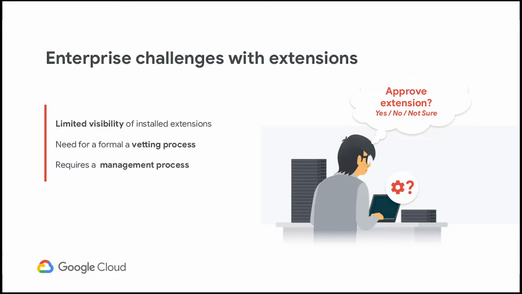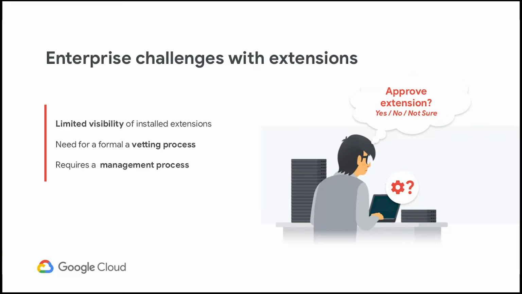So some challenges that exist with managing extensions. There are three things that really make it a painful process. First is limited visibility into what extensions are installed. So how they've been installed, where they're installed, as well as what rights or permissions they require in order to run.